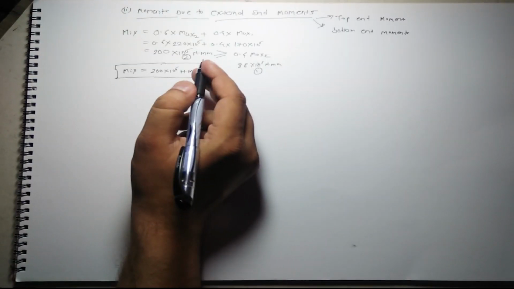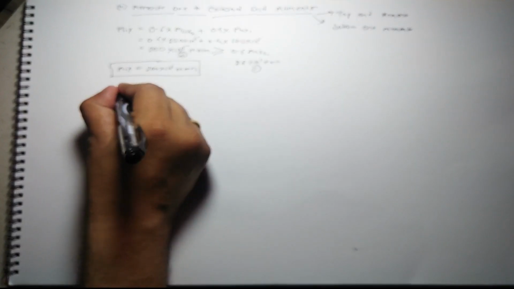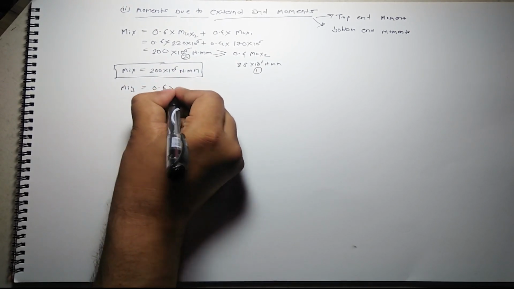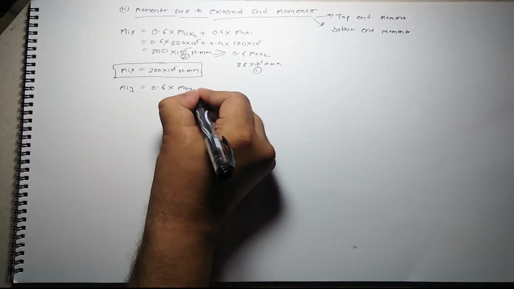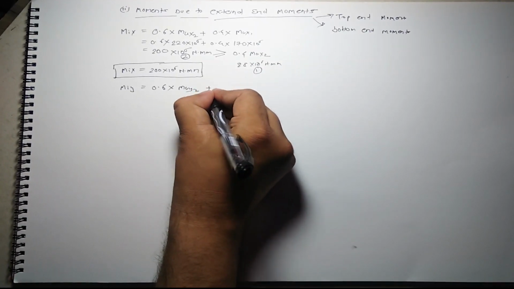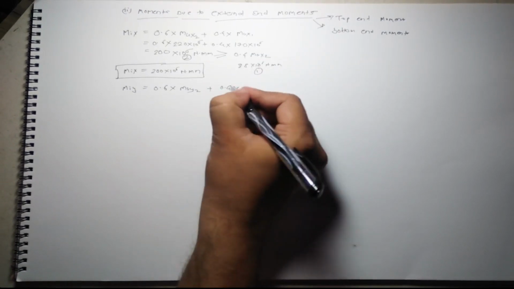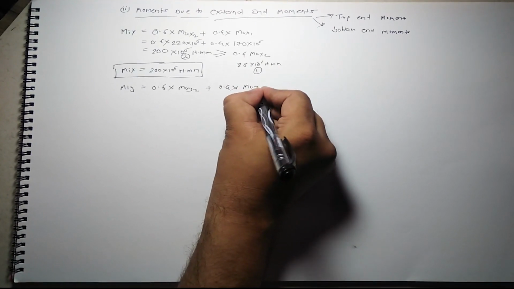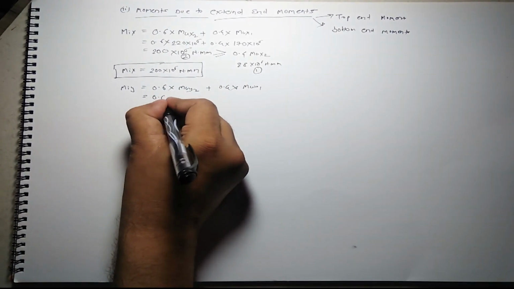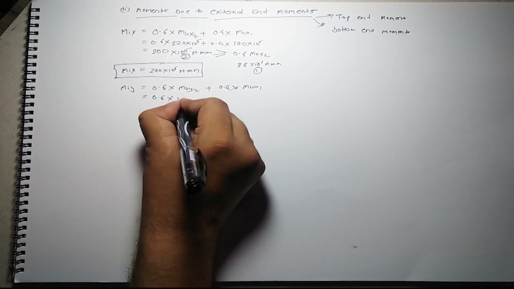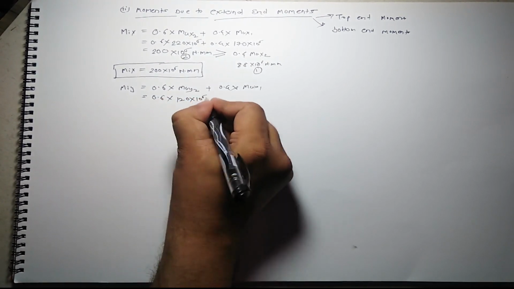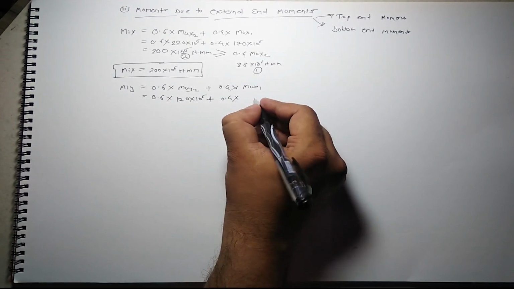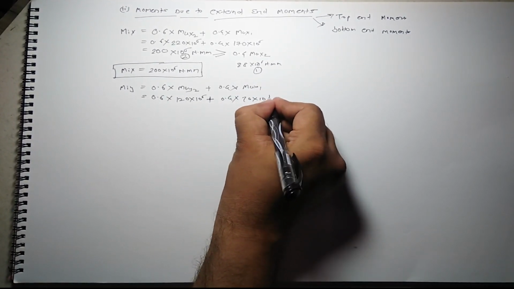So we have made this value here. Similarly we have to go for Miy. So Miy equals 0.6 into Muy2 plus 0.4 into Muy1. So 0.6 into the value of Muy2, 120 into 10 to the power 6, plus 0.4 into the value of 70 into 10 to the power 6.